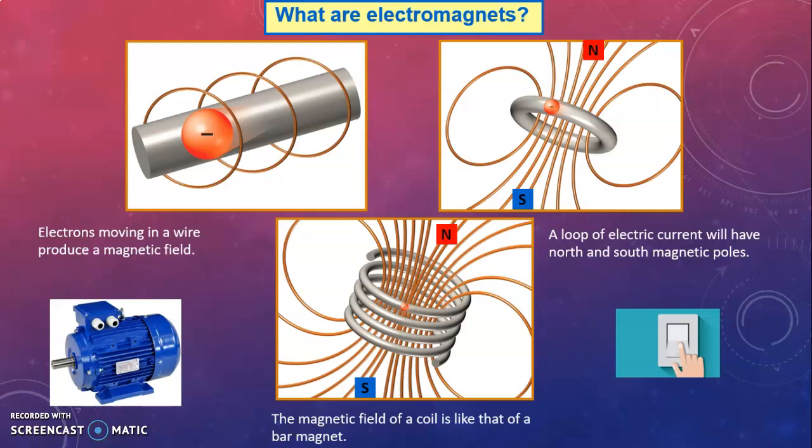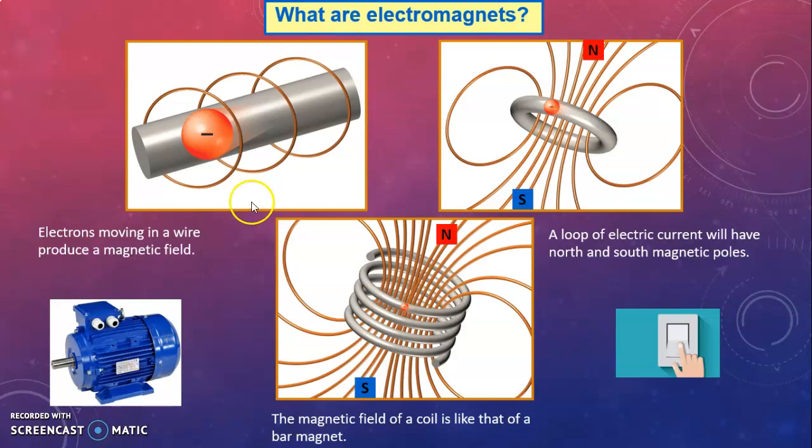They all use electromagnets. An electromagnet is an electric circuit that produces a magnetic field. Un electroimán es un circuito eléctrico que produce un campo magnético.